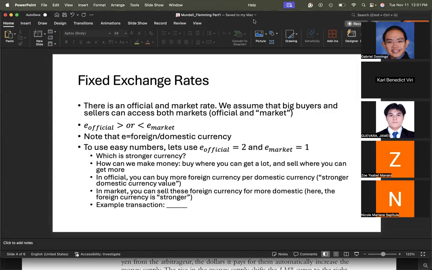Now, which of the two exchange rates, E official and E market, which is the stronger domestic currency? So let me pause here. Very important that everyone understands the interpretation. Saan mas malakas ang domestic currency? Sa E-official 2 or sa E-market 1?